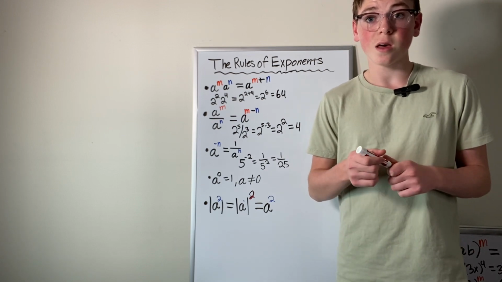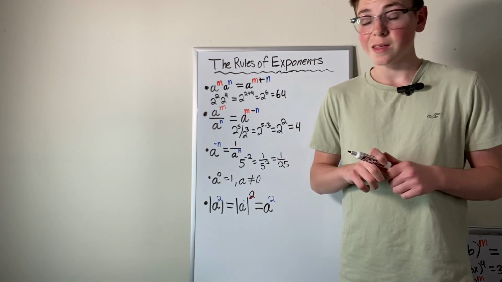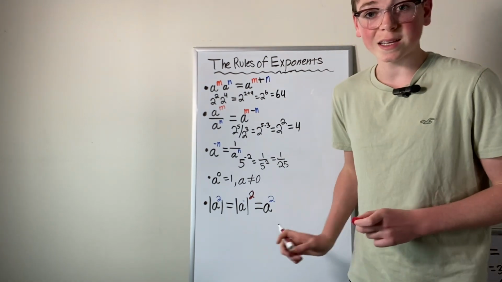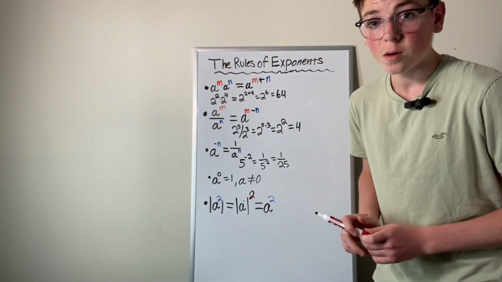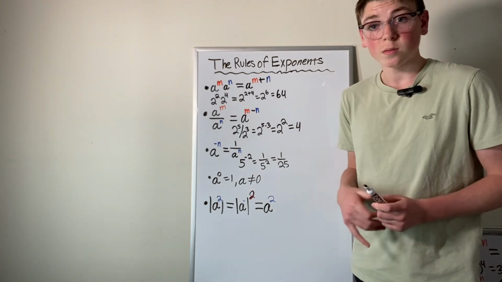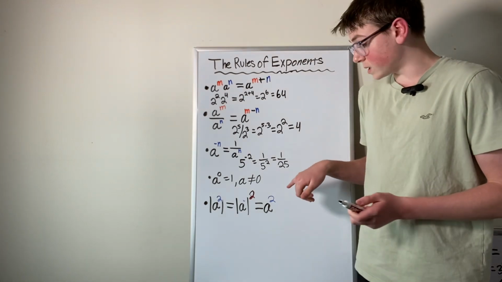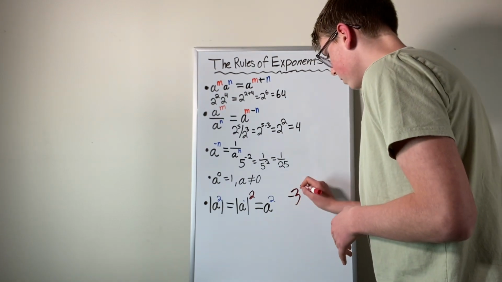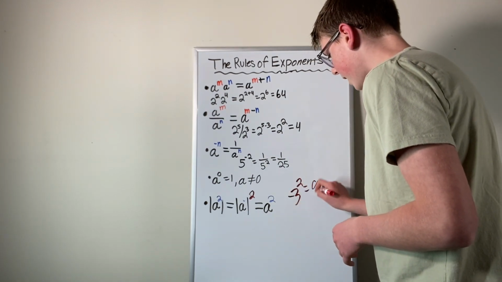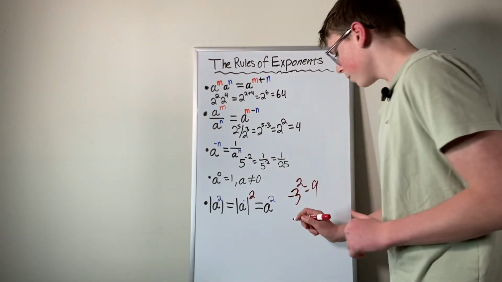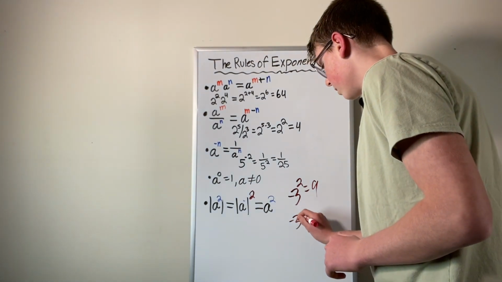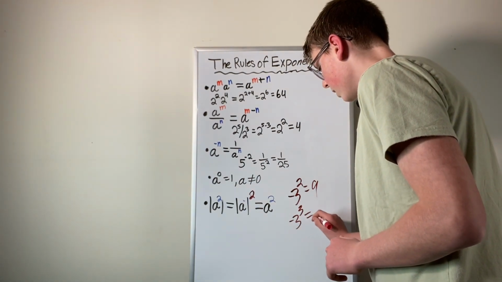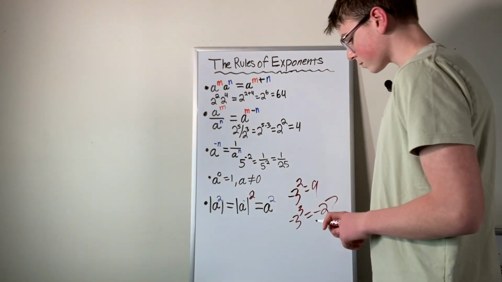Because if it is a 3, then when you're just saying it's equal to a squared, well, when it's an even number, like negative 3 squared equals 9, it turns positive. But if you have negative 3 to the third, it is negative 27.